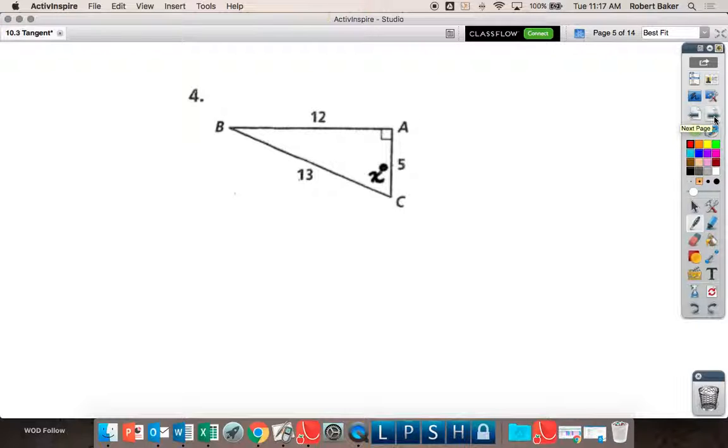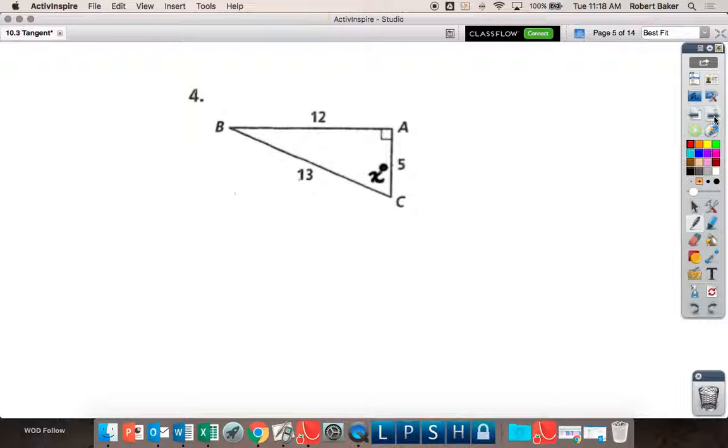Number 4. I want to use the tangent ratio, and what angle should I tangent from? Why am I tangenting from C? That's where X is. So instead of writing the tangent of C, I want to write the tangent of the degree measure they give me. What is the tangent of the degree measure?